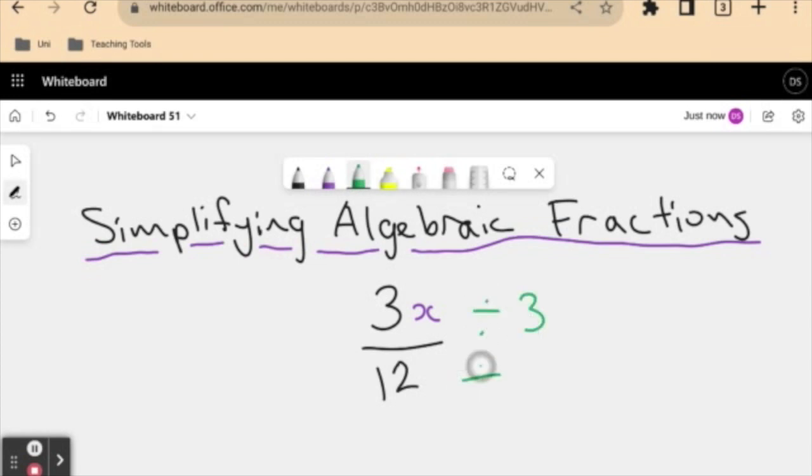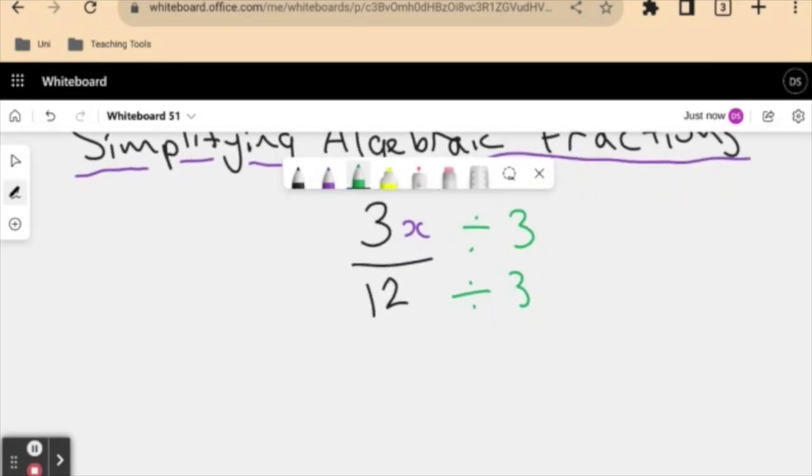So we can divide top and bottom once again by 3. Now let's see what we'll get left with. We will have just x on the top, because when you divide 3 lots of x by 3, you get x. And on the bottom, we will have 4.